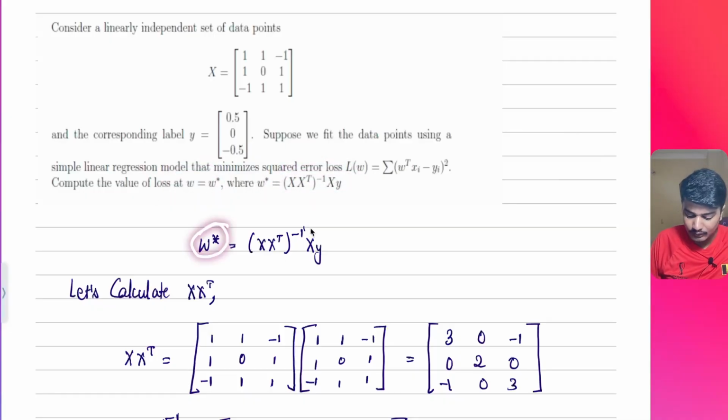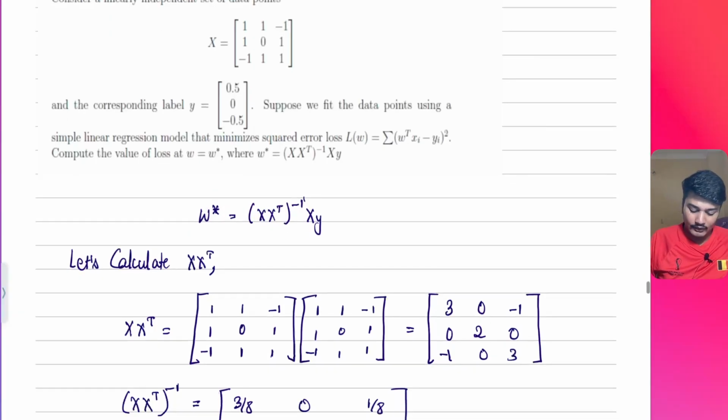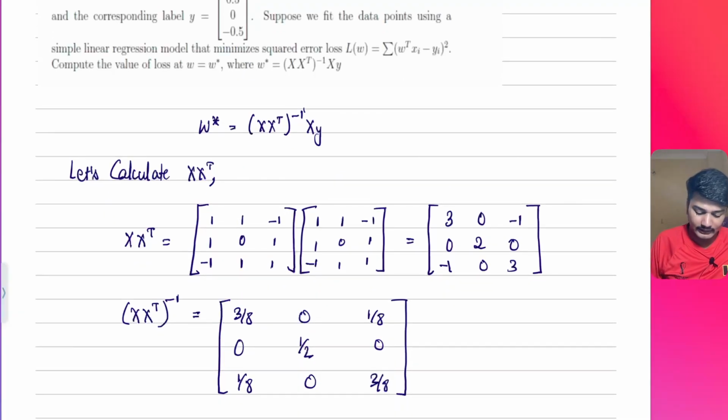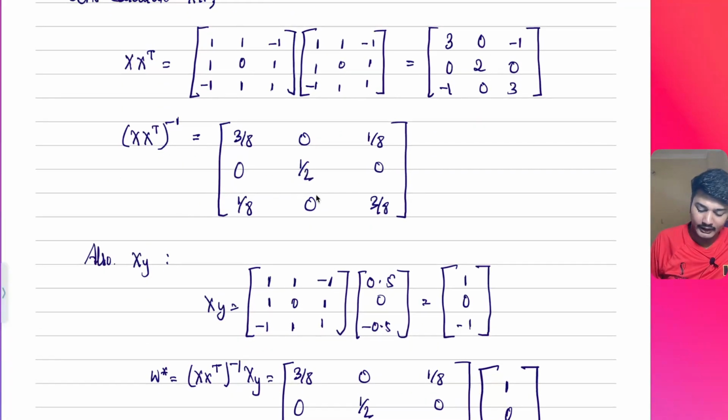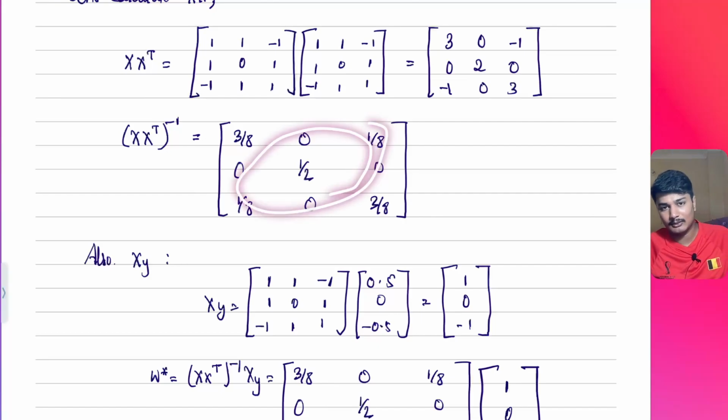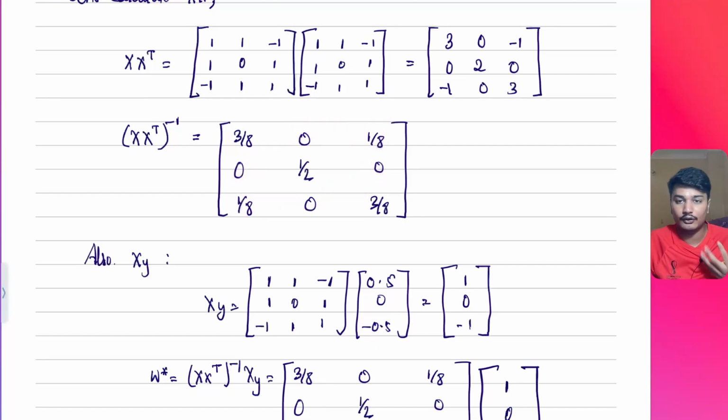We have to find W star, which equals (X transpose X) inverse X transpose y. First we will find X transpose X, and it will come as this. After this, we have to find the inverse. When we find the inverse, it will come as this. Don't ask why I am not showing the calculation of the inverse, because I suppose you know these things. These are the basic things you have learned in maths too.